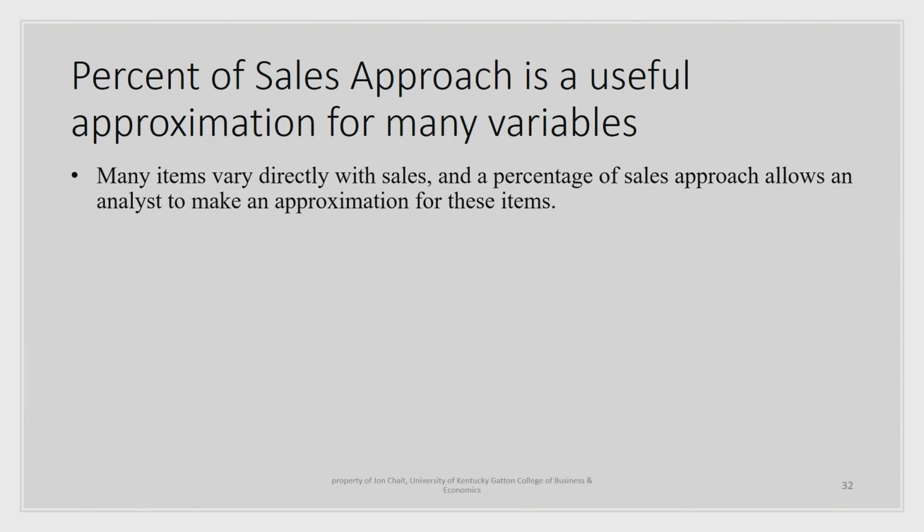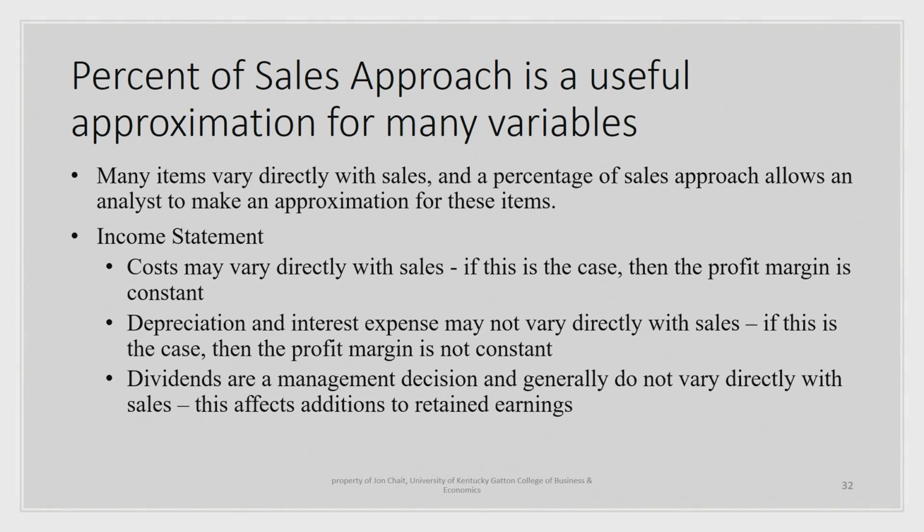When we think about creating our pro formas, the percent of sales approach, which we've already talked about, is a useful approximation for many variables. We really look at the income statement by looking at the costs that are going to vary with sales. And that assumes, of course, that generally all costs vary with sales.